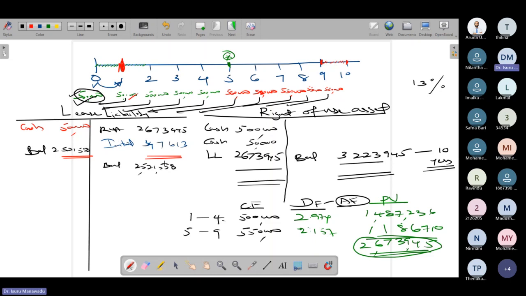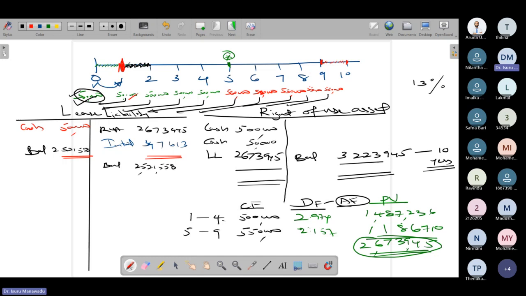Yes. Right. We'll do the same thing for the second year from this particular period. Now, this is the loan balance, the capital balance at the beginning of the second year.